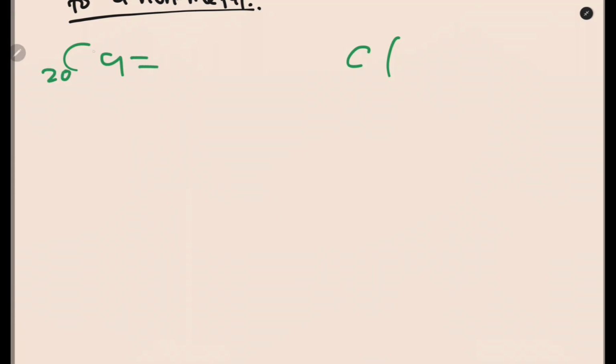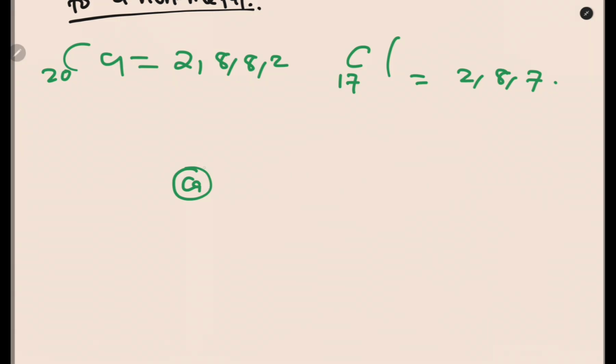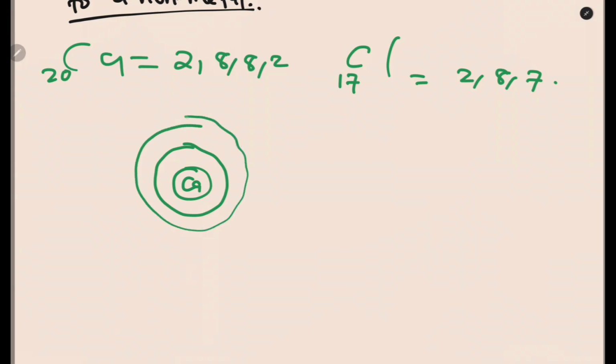So let us start with calcium. Calcium has atomic number 20. This is 17. The configuration is 2, 8, 8, 2. This one, the configuration is 2, 8, 7. So now, what happened? Let me put calcium here. Calcium, Ca, has how many shells? 4 shells.